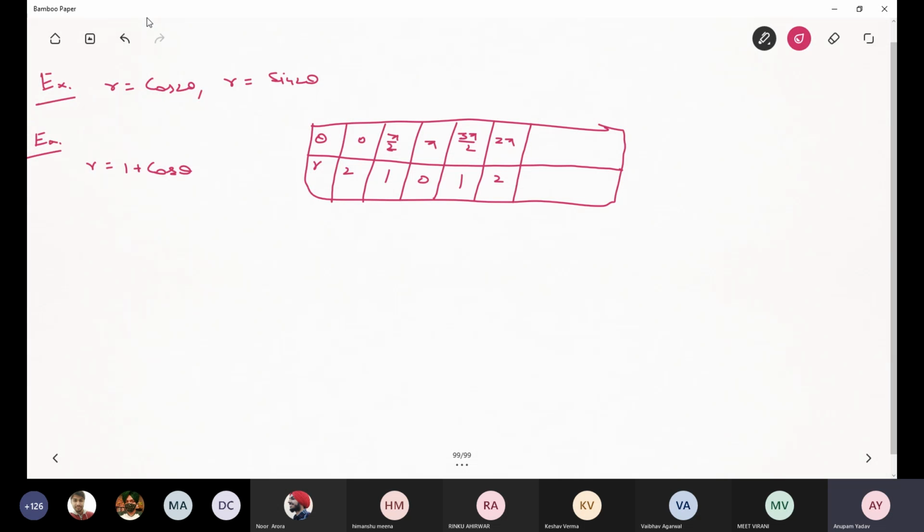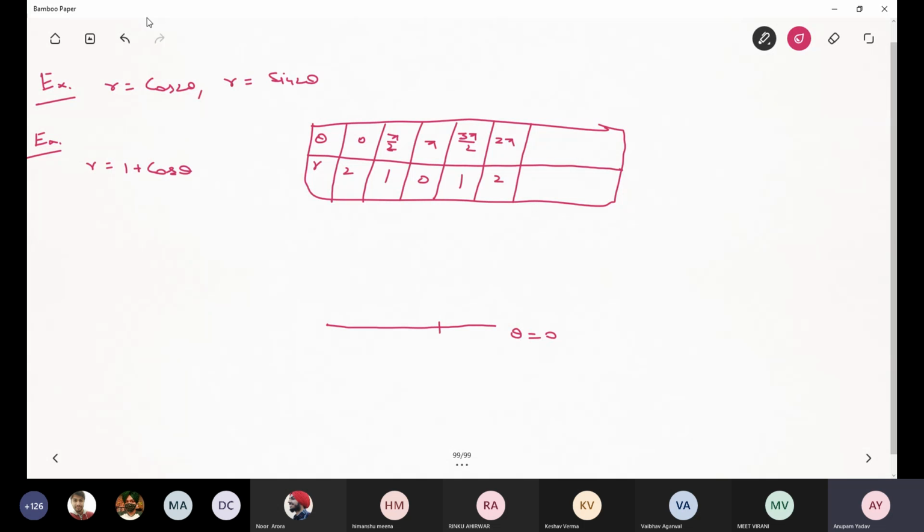We can take a similar way to draw it. Again it's the initial line with the pole, the origin, and this line is theta equal to 0. At theta equal to 0, r is 2. Suppose this distance is 2.